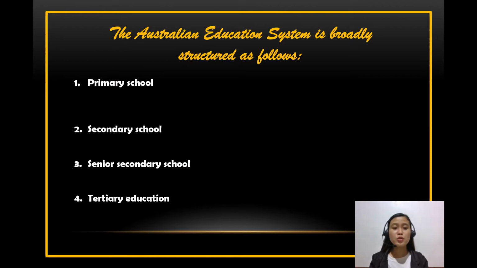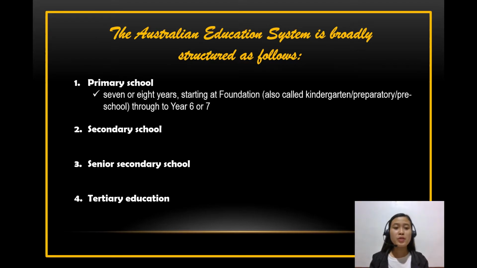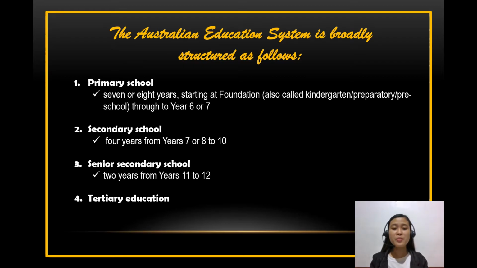Second, secondary school. Third, senior secondary school. And lastly, tertiary education. Primary school, 7 or 8 years, starting at foundation through to year 6 or 7. Secondary school, 4 years from year 7 or 8 to 10. Senior secondary school, 2 years from years 11 to 12. Tertiary education includes higher education and vocational education and training or VET.